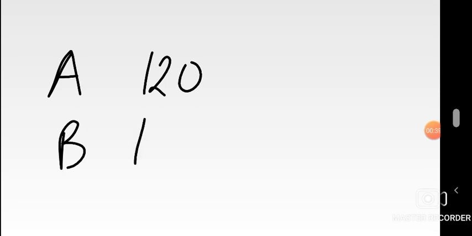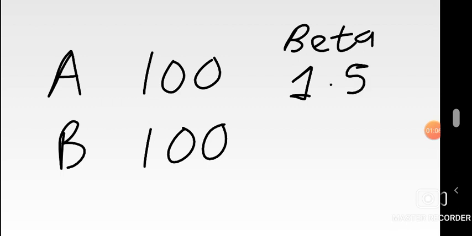This other one, let me just use some easy numbers, maybe 100 for that, and the other one, okay, 100 as well. Then they give you that each of these has a beta as follows. One of them will have a beta of maybe 1.5. The other one will have a beta of maybe 1.2.